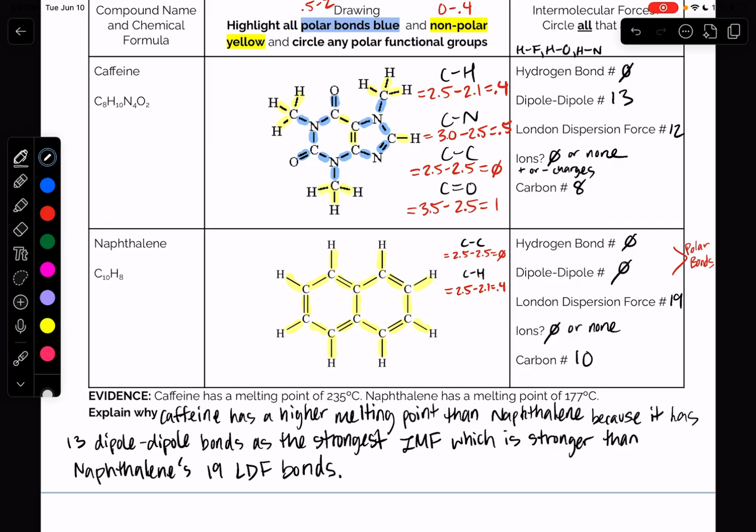So the dipole bonds here overpower the LDFs, which means that's why caffeine has a higher melting point.